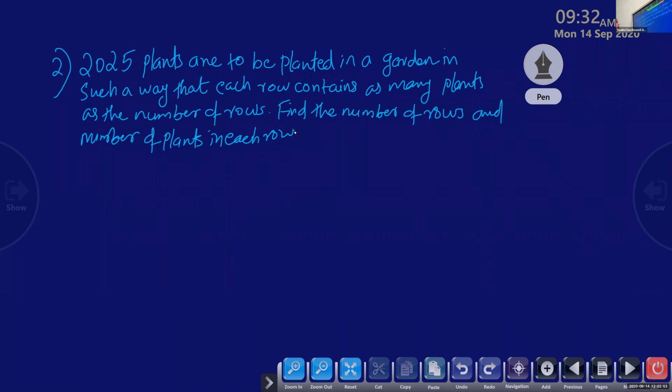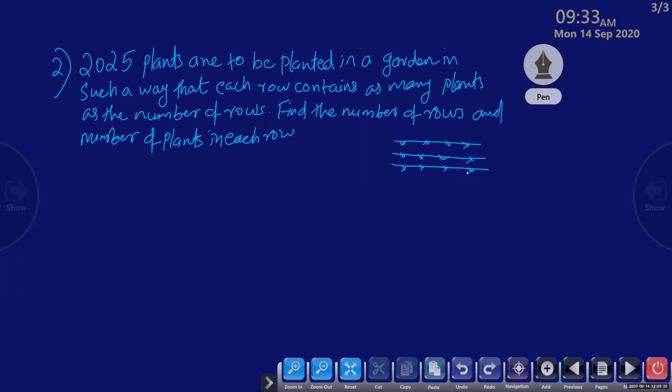So just like the previous question, number of students, the amount donated, here it is number of plants and number of rows. We have 2025 plants and we are going to plant them in a garden. The number of rows and number of plants must be equal.